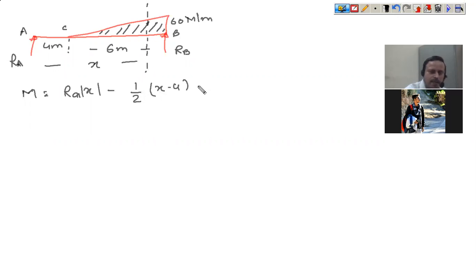Altitude is the instantaneous height. So the instantaneous height is 60 by 6 per unit increase in height. So for a distance of x minus 4, there will be a certain increase.